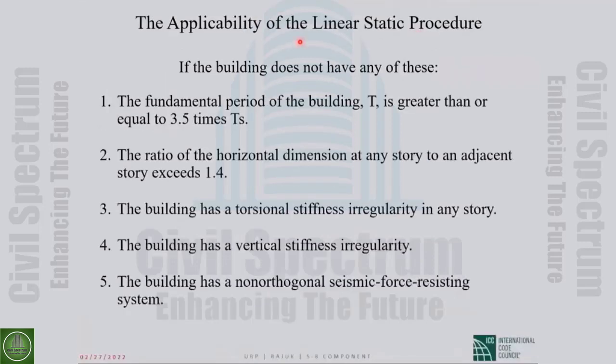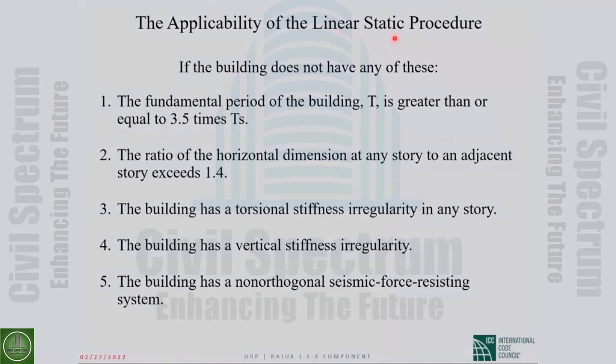Then for the linear, static and dynamic, as I mentioned, in a general sense, if there is an irregularity in stiffness or mass, it is better to do dynamic analysis. Linear, non-linear depends on strength irregularity.